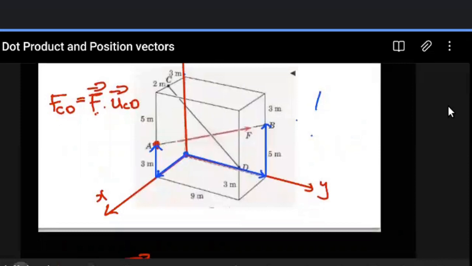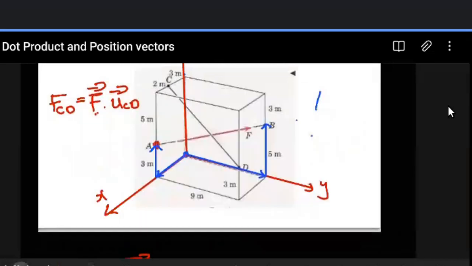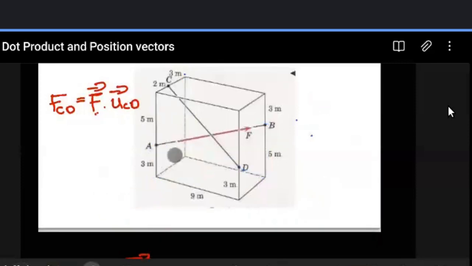To move from C, the shortcut now, how I would use it, to move from C to D, let me remove everything else. From C to D, what you'd have to do is, in the X, you move positive 2. So we had a positive 2 in the X. Yes, that was a positive 2i.